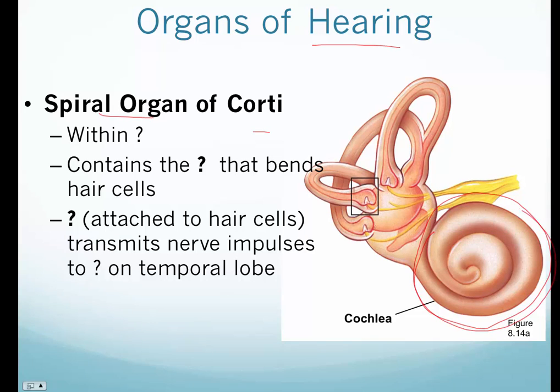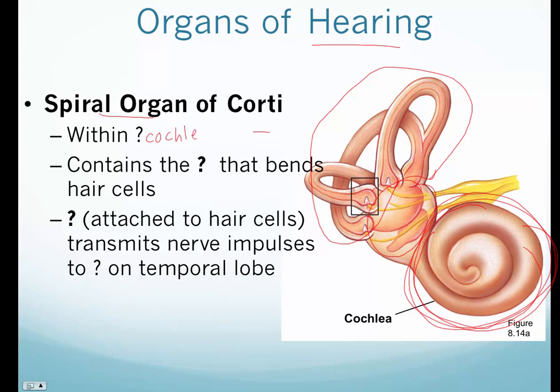So now we're going to focus our attention down here. Once again, static equilibrium deals with your vestibule. Dynamic equilibrium deals with your semicircular canals. Cochlea deals with your hearing. And so this spiral organ of Corti is within that cochlear duct. It contains what's called the tectorial membrane.